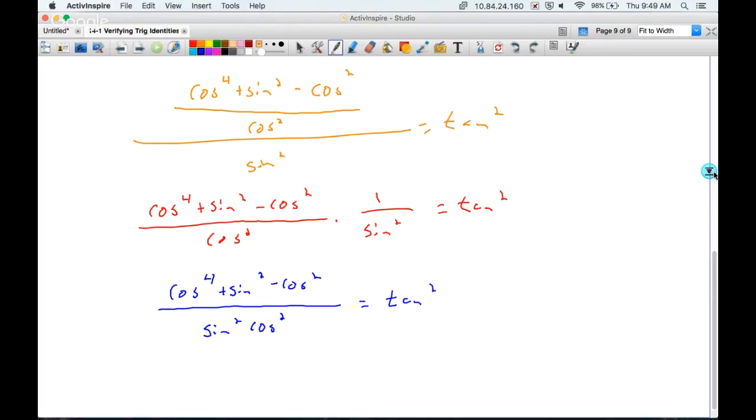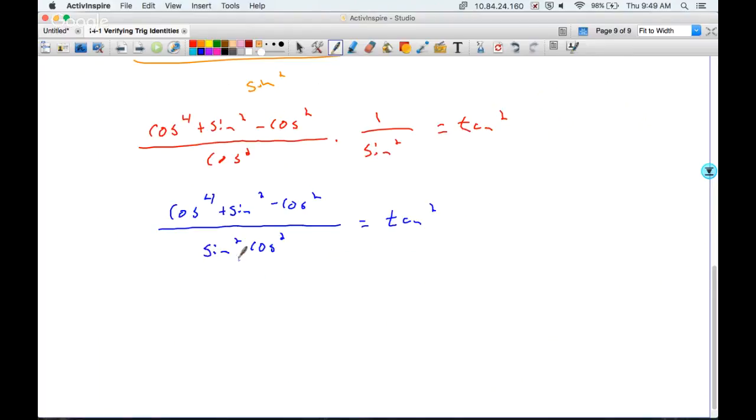I'm going to want to factor out a Pythagorean form here from the top. Is that what I want to do?